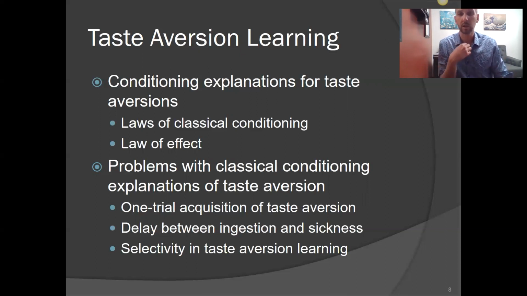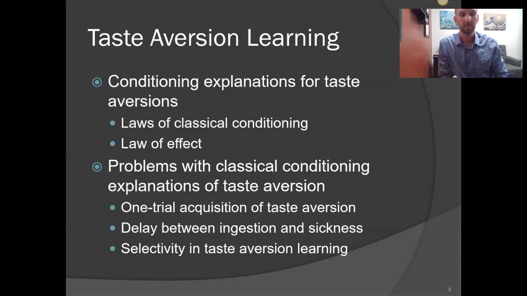In fact, one study found that taste aversion can occur when sickness occurs 32 days after ingestion. And that just blew my mind. So a person can get sick 32 days after they ingested something, and they could still develop a taste aversion to that thing.